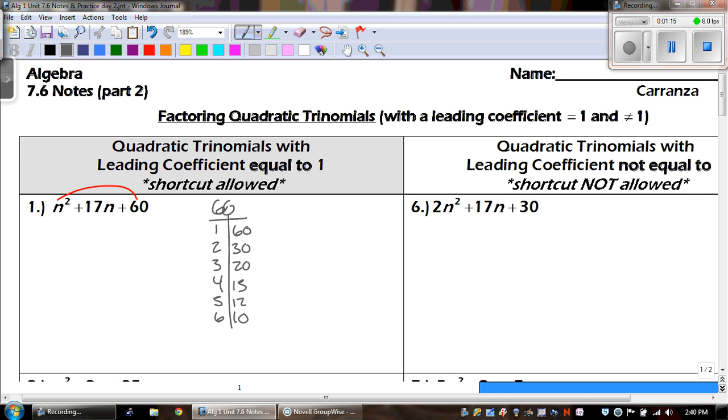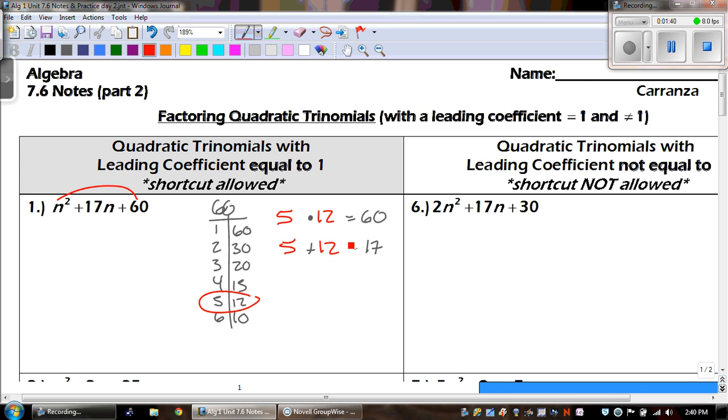There's a lot of them. We want numbers that multiply to 60 but add to get to 17. So which group is that? And remember, it's got to be true in both cases. You should be getting 5 times 12.